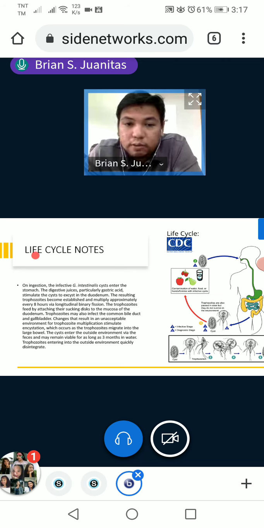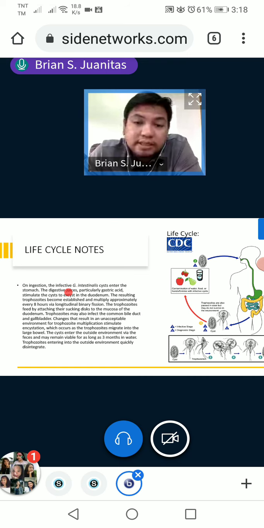Okay, for the life cycle of our Giardia, on ingestion, the infective Giardia intestinalis cyst enters the stomach. Take note, class, the digestive juice, particularly the gastric acid, will stimulate the cyst to excyst.